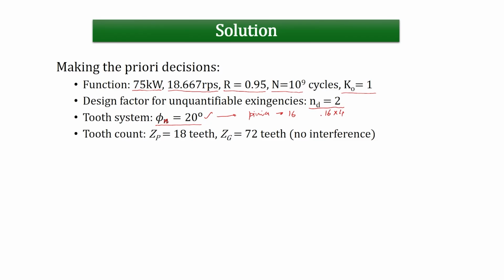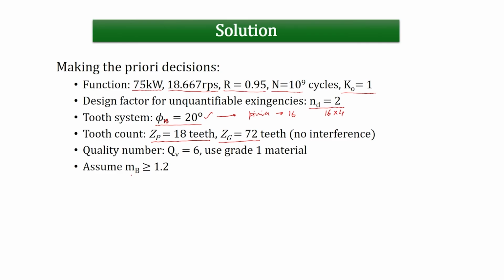But let's take the number of teeth on the pinion as 18, and so the number of teeth on the gear will be 18 multiplied by 4, that will be 72, and there will be no interference. The quality value is taken as 1 and the grade 1 material is used of nitrile oil.